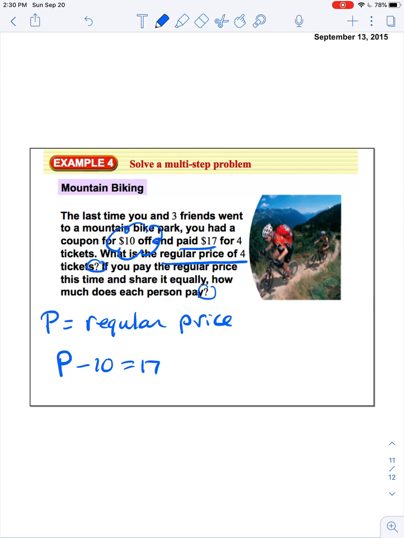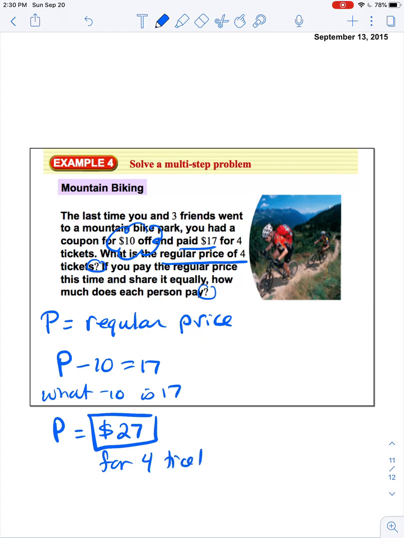So what minus 10 is 17? And the answer to that would be 27. So that means my regular price is $27, and that is for 4 tickets.